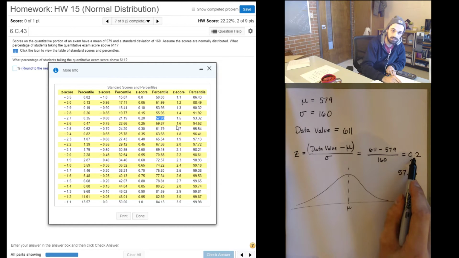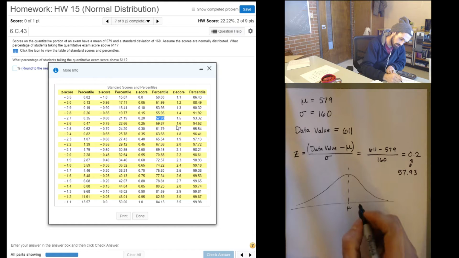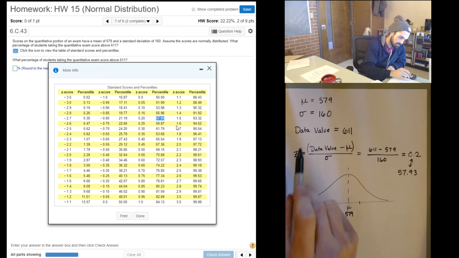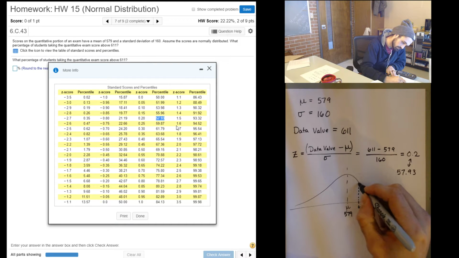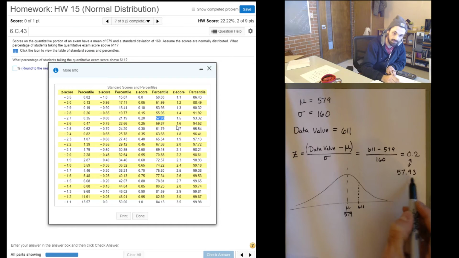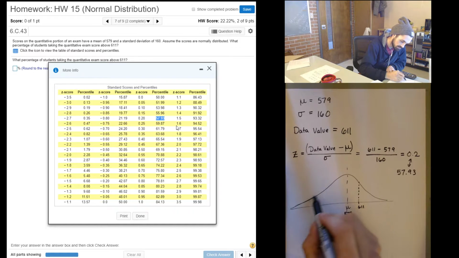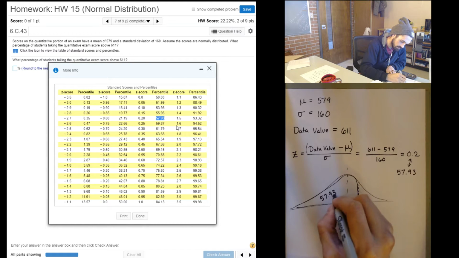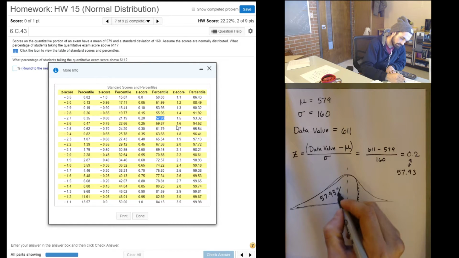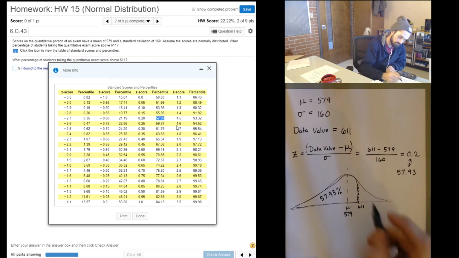We are 0.2 standard deviations to the right of the average. This is 579. That's the average. The data value we're looking at is 611. So realize this 57.93, well, that's this portion of your curve. So this would be 57.93% of your curve would be to the left.